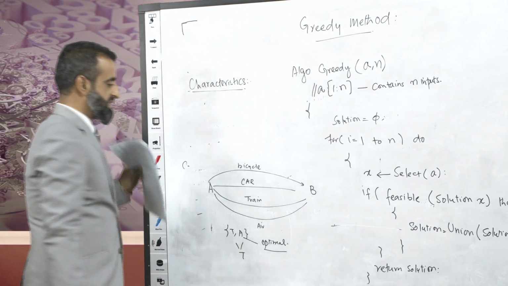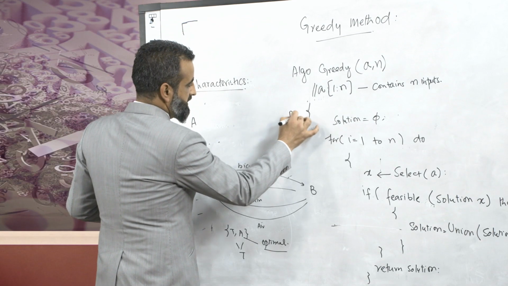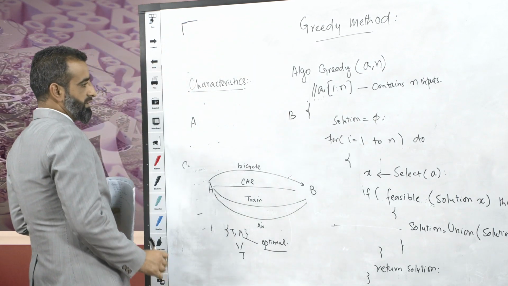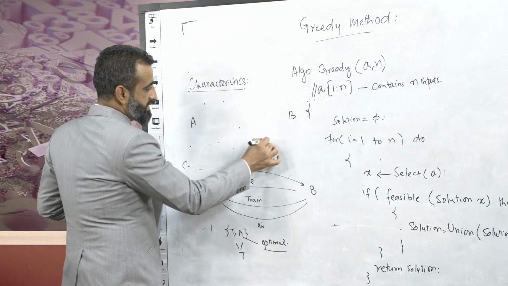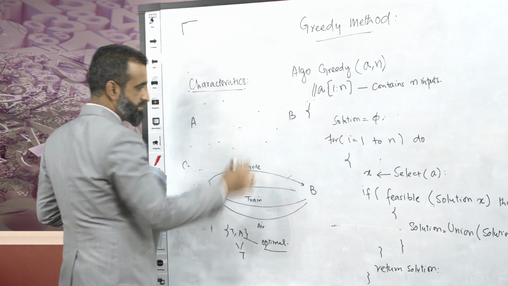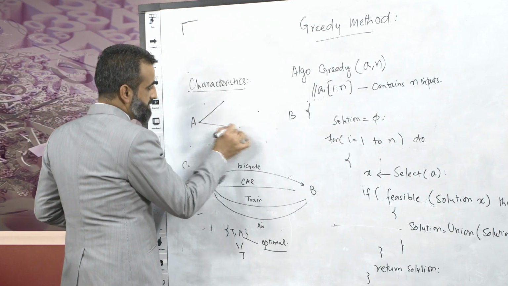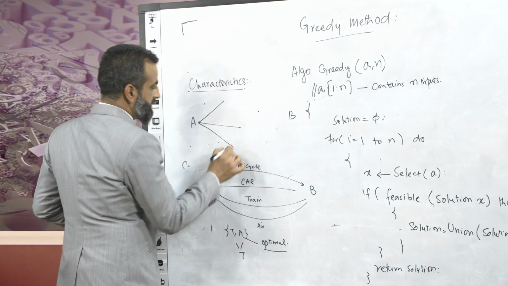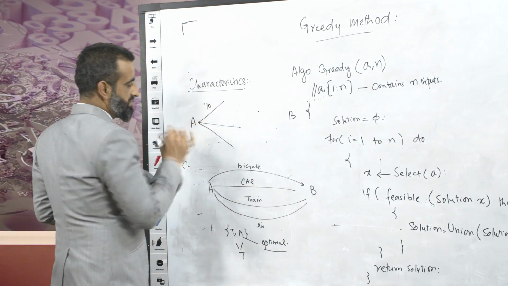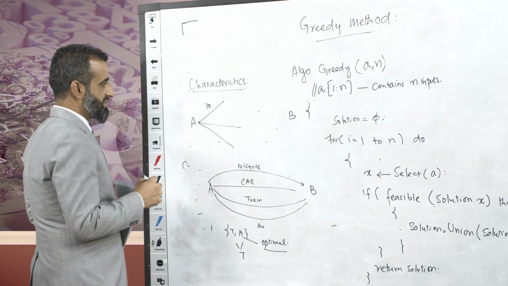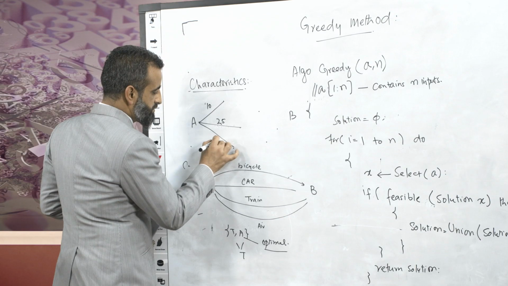Let me cite another example. Say I have to travel from A to B in this case, and there are various intersection points between A and B. So I may take this path, this path, or even this path. If I take this path, it costs me 10 units. This may cost me 25, this may cost me 35.